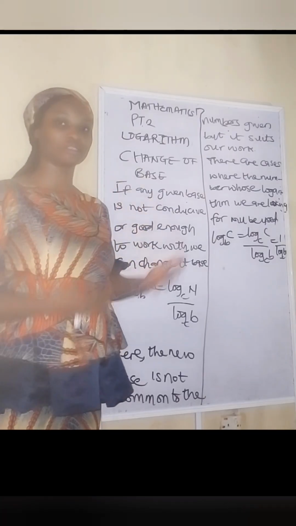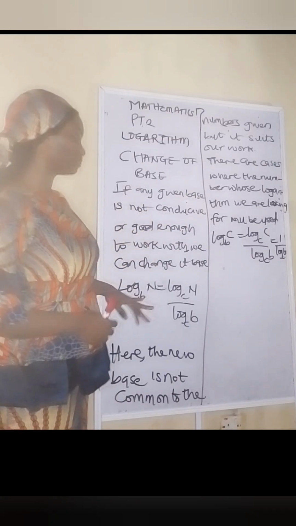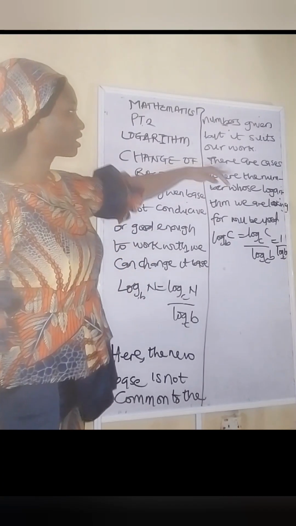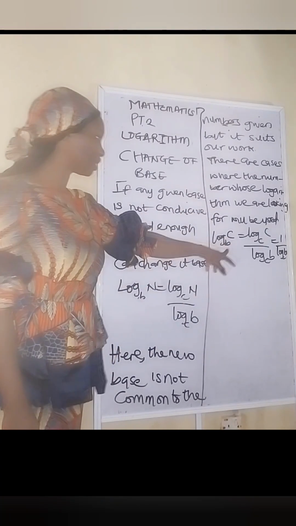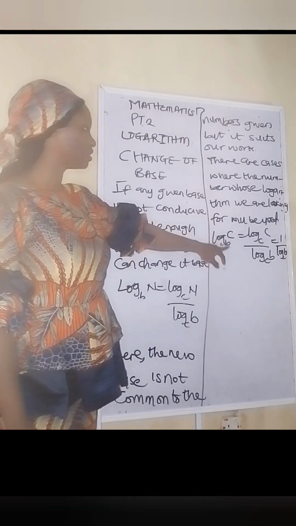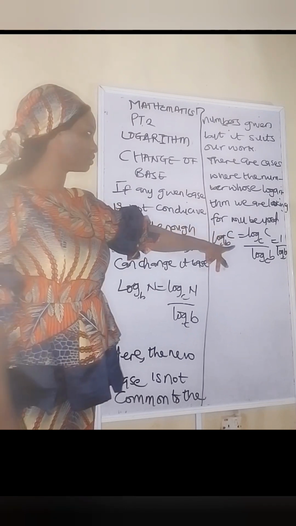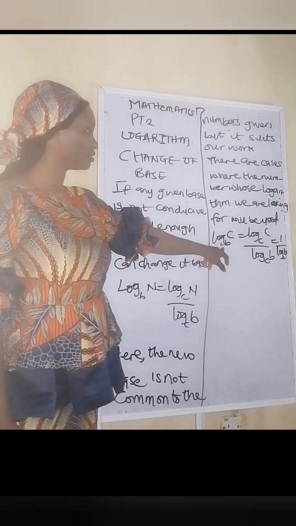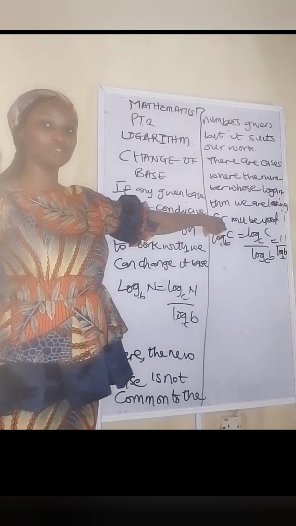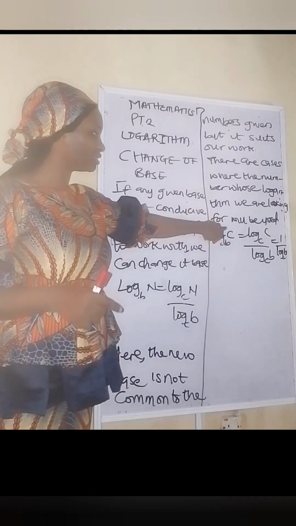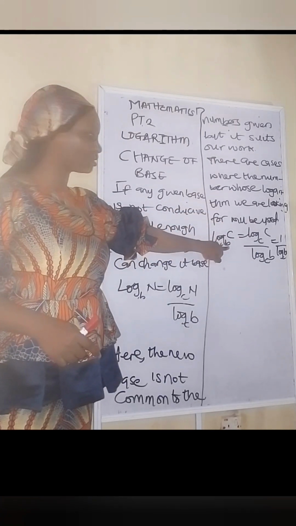Once I start treating some examples, you will have a better understanding of what this entails. Now, there are cases where the number whose logarithm we are looking for will be used as the base. Look at this, log c base b. So now we are using this alphabet c as the base. We change the base from b to c. So it will start from the numerator: log c base c over log b base c.